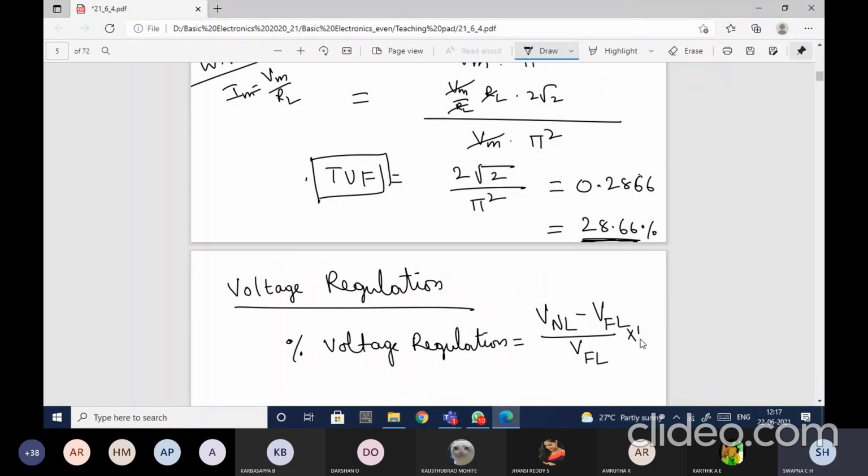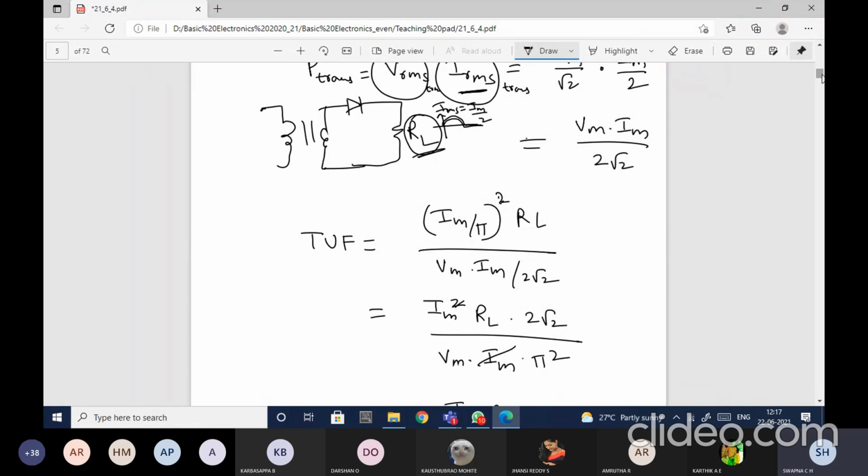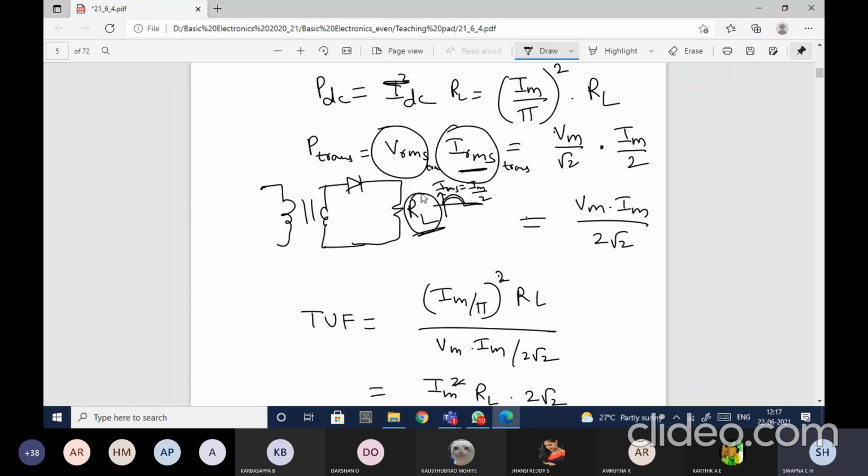So you need to understand what is no load and what is full load. No load in the sense there won't be any resistance here, it will be open. The resistance here is 0 and we'll calculate what is the value here. So whatever voltage we'll get here is nothing but the V no load value.